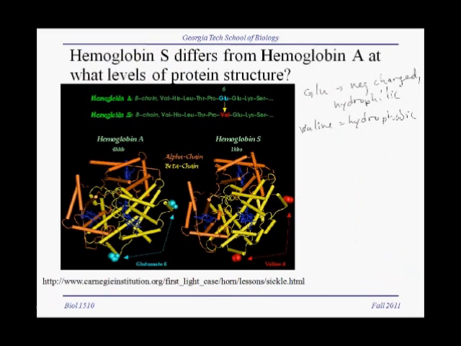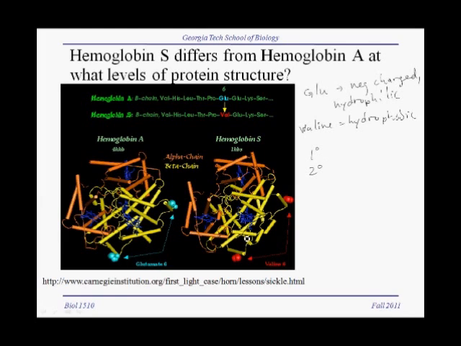So let's answer this question. What levels of protein structure are affected by the sickle cell hemoglobin mutation? Well, we know since there is a change in the amino acid sequence, the primary structure is affected. And if we look in detail, it looks like there are some changes in the secondary structure.